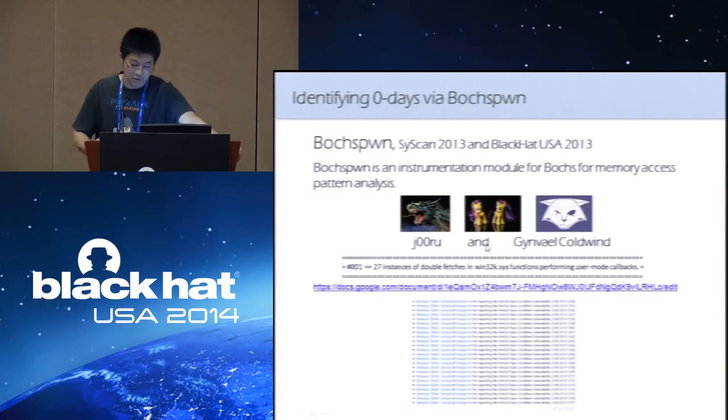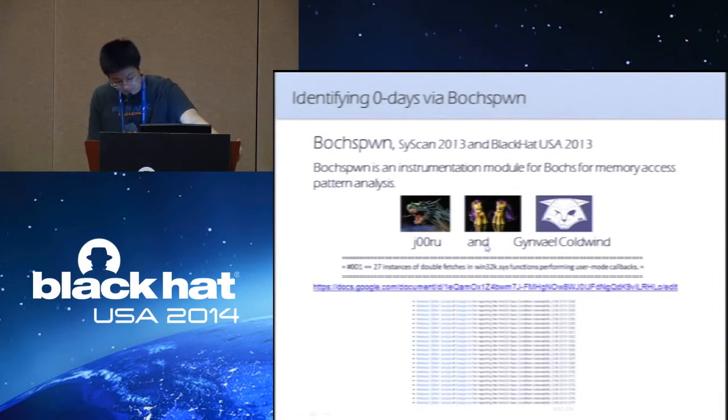Bochspwn takes advantage of the well-known Bochs PC emulator to monitor user mode memory access behavior in a specific branch of the OS kernel, recording all double fetches. Using this powerful tool, lots of zero-days have been discovered, among which many are double-fetch zero-days in the font engine.